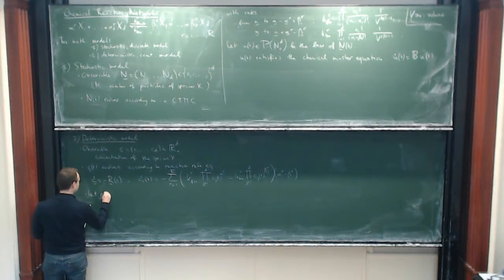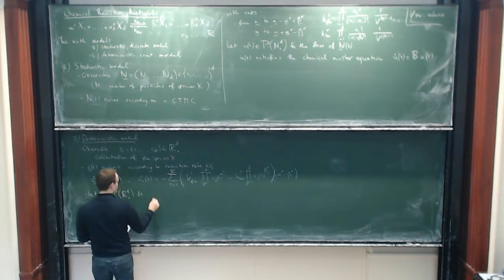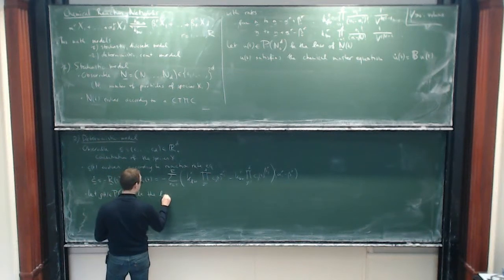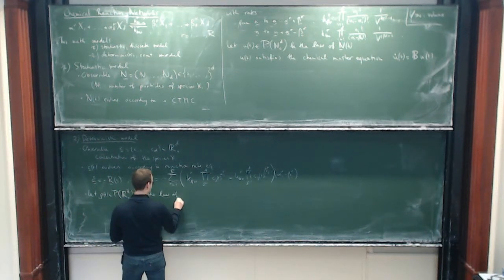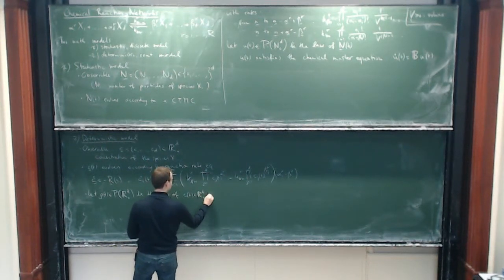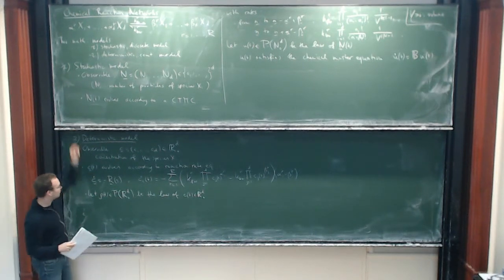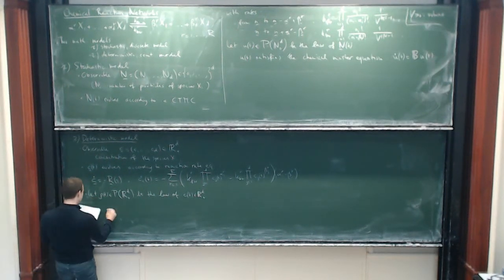So let rho t be a probability measure on my continuous space, which represents the law of your concentration. Then rho t evolves according to a PDE called the Liouville equation.